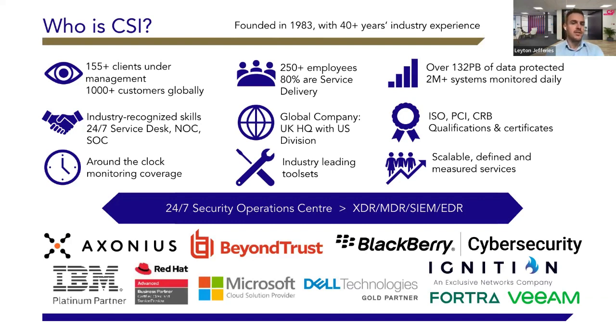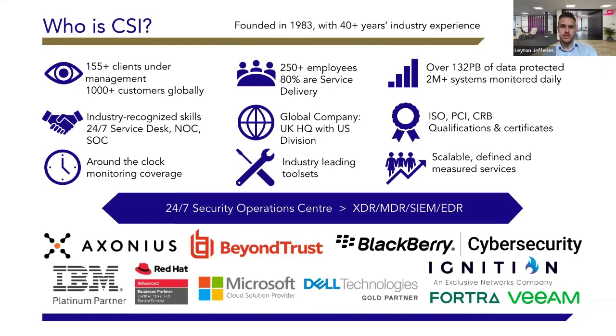So CSI, we were founded in 1983. Last year was our 40th anniversary, our 40th birthday. We have roughly around 250 employees, probably 80% of that made up of service delivery, so operations across NOC and SOC. We have probably today sitting around 155 clients under management.